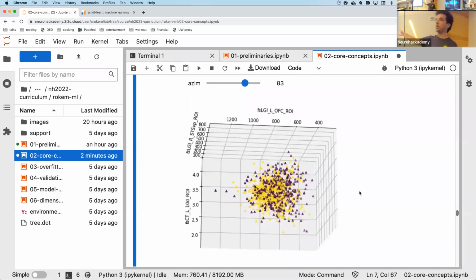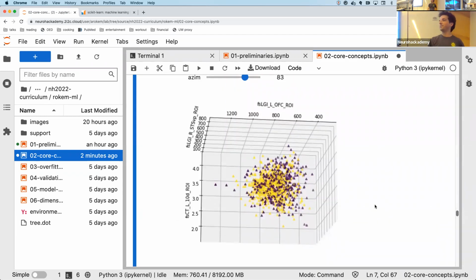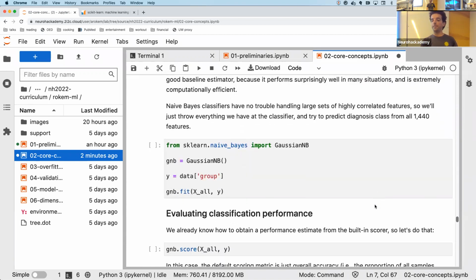And so everyone here is colored based on whether or not they have a diagnosis of autism, and they're each placed into this three-dimensional space based on the values in these three particular features. Okay, so could we classify who has autism and who doesn't based on our data?